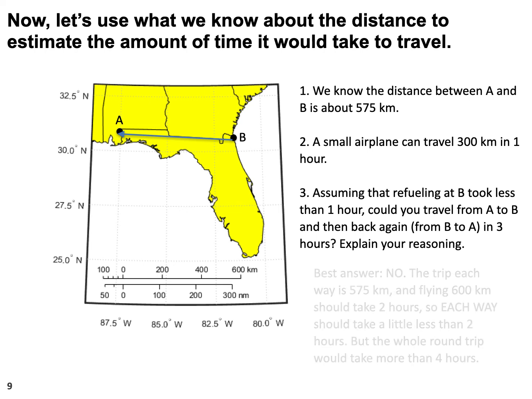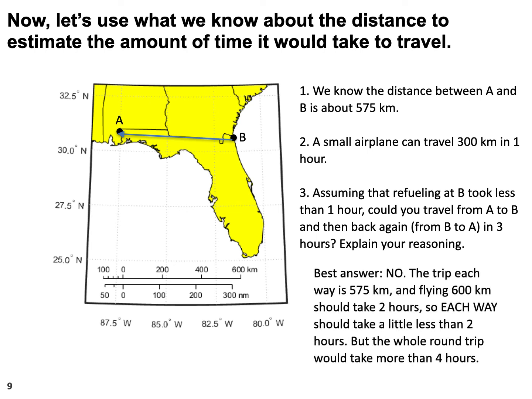So, according to my reasoning at least, the best answer would be no. We cannot travel from A to B and then back again, even if refueling took less than an hour, in 3 hours. We can't. So the trip each way is 575 kilometers, which is almost double what we can do in an hour.